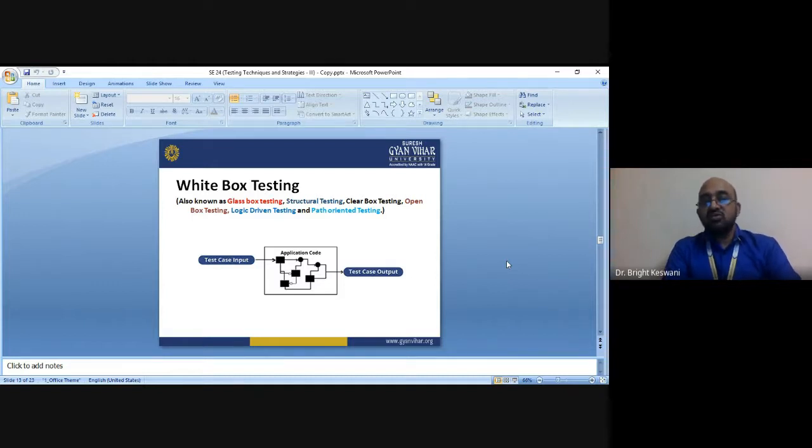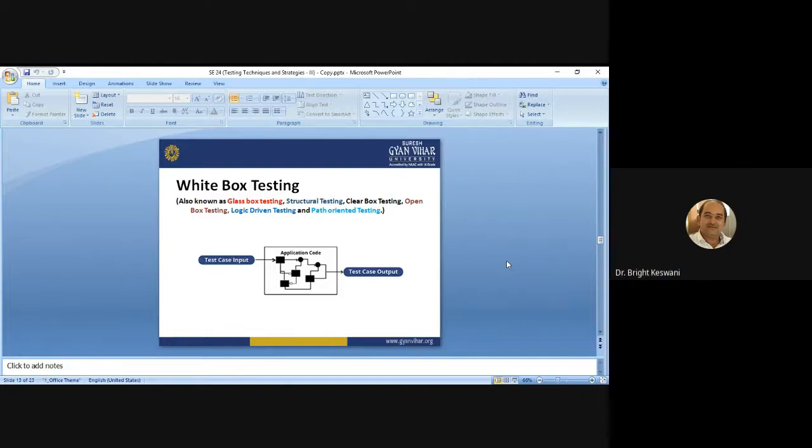Okay, so you should remember all such names of white box testing. The basic purpose of white box testing is that it is concerned with the internal functionality of the software.